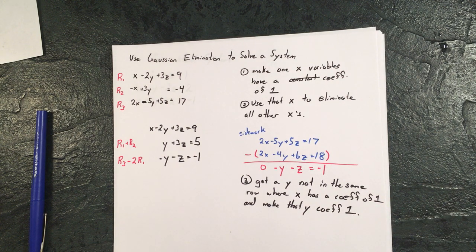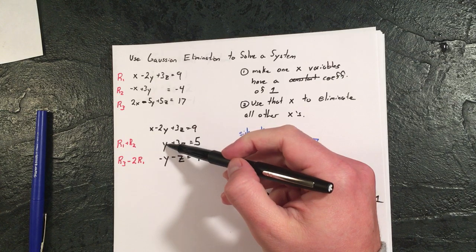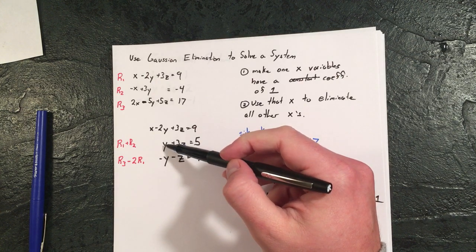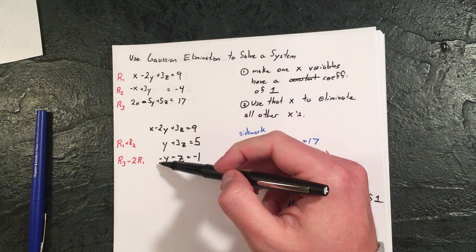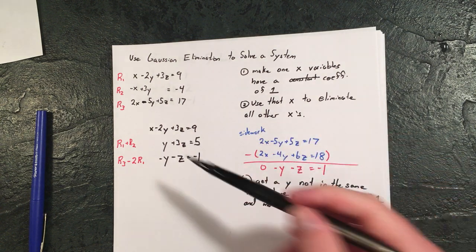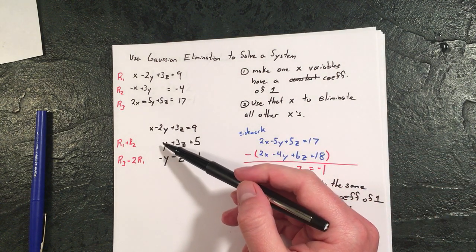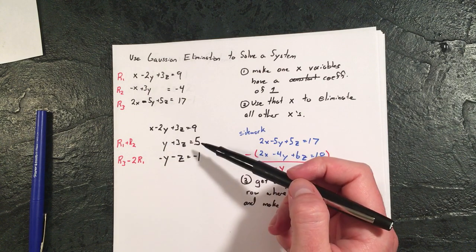Luckily for us, that's already done here. So we have this y right here has a coefficient of 1. You may be saying, well, what about this one? That's negative 1. You may also be asking, what do you do if this was a 2? You would then just take this row and divide everything by 2.